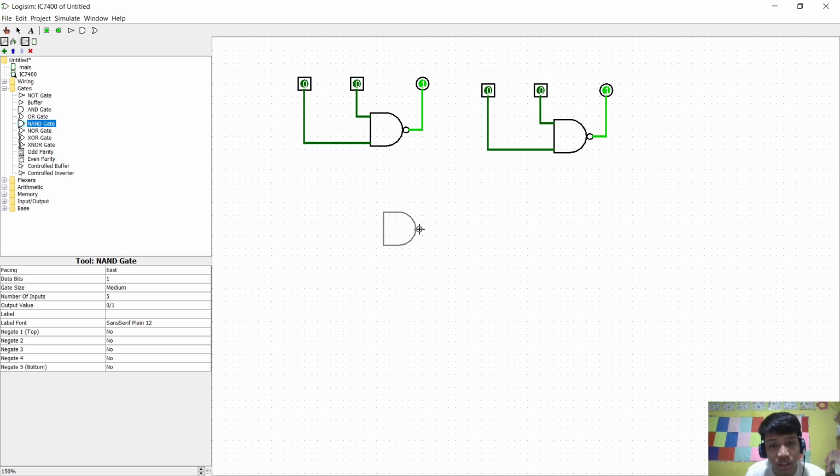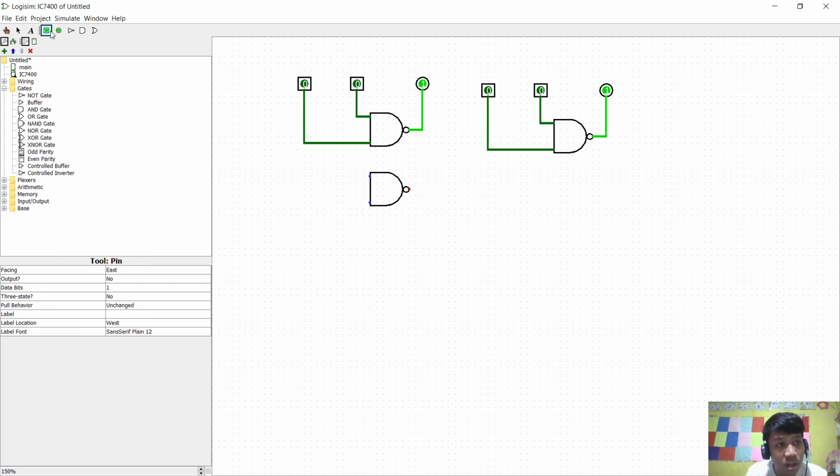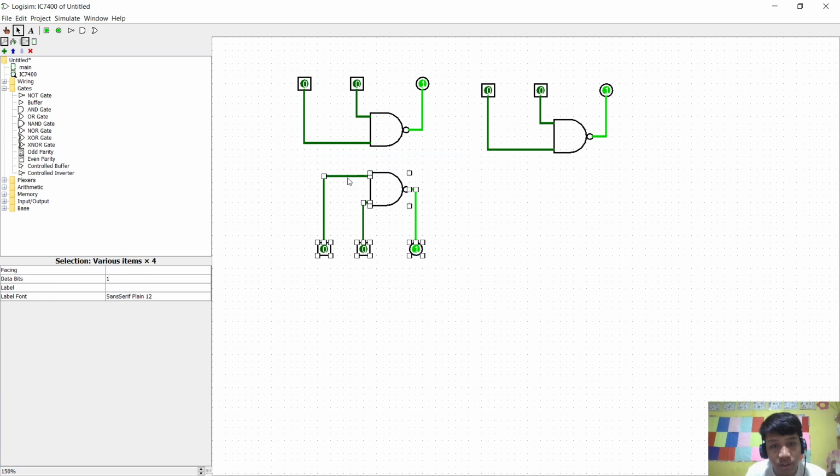We will be using NAND gate, and the number of inputs will be changed to 2 again, placing some input pins, rotating it to north, and the output pin, which will also be rotated to north. And there you go. We will be connecting some dots now. And there you have it.